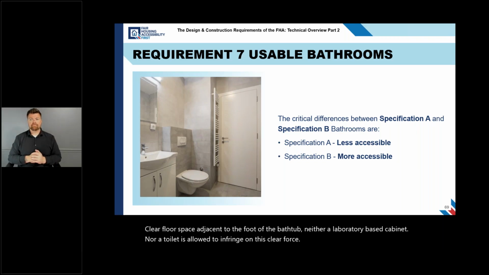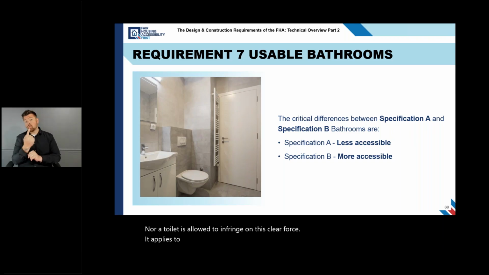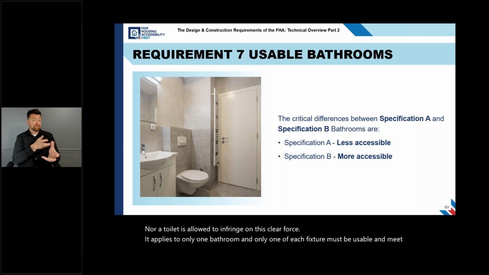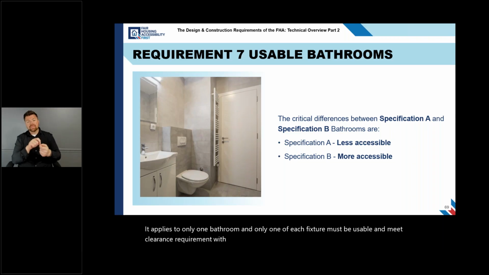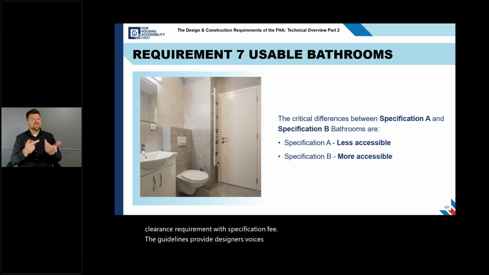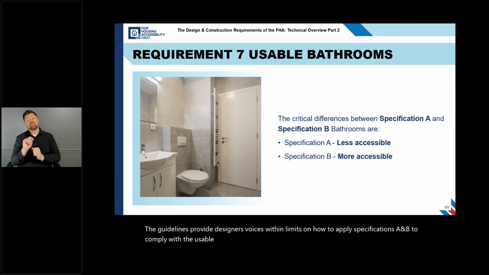It applies to only one bathroom, and only one of each fixture must be usable and meet clearance requirements with Specification B. The guidelines provide designers choices within limits on how to apply Specifications A and B to comply with the usable bathroom provisions in Requirement 7.